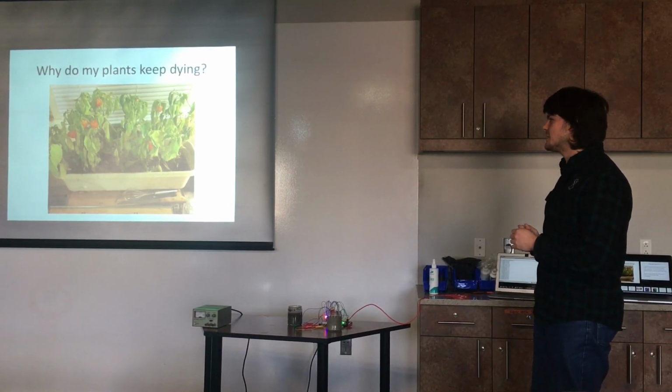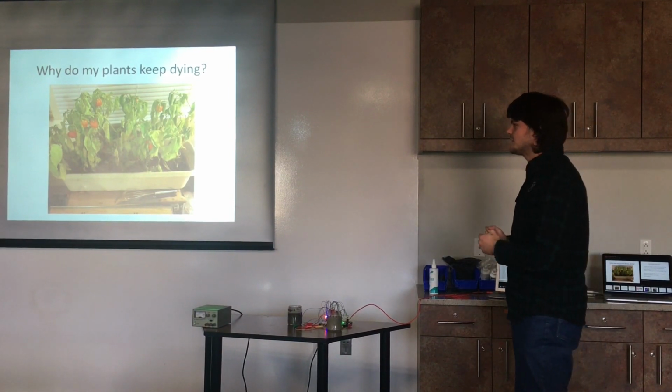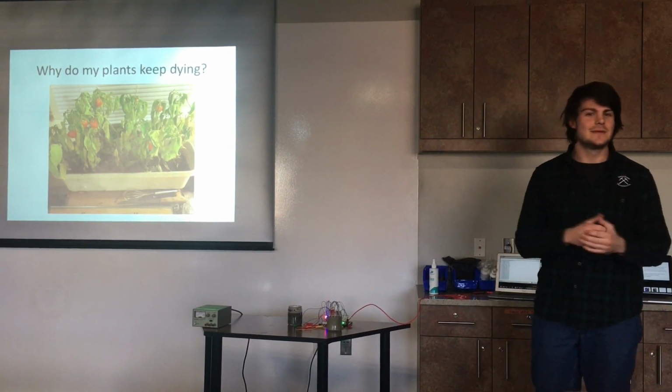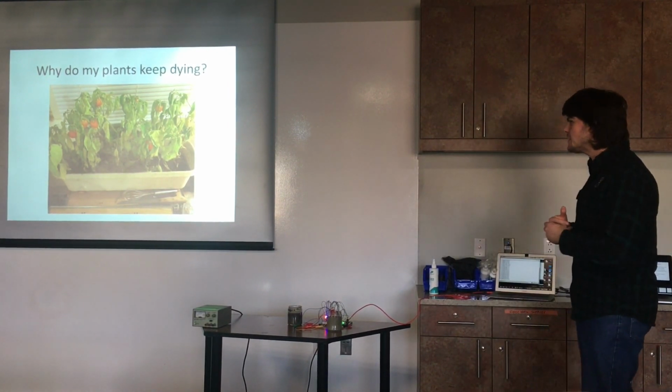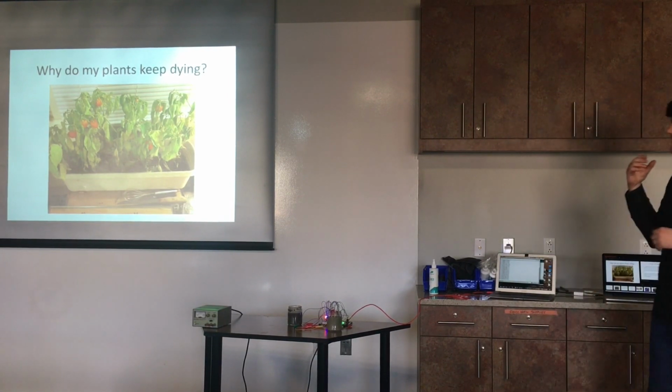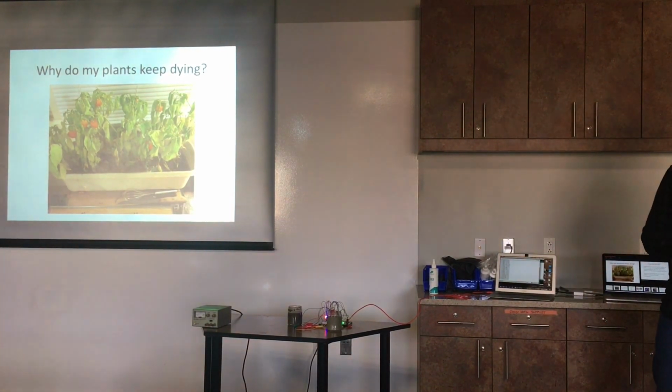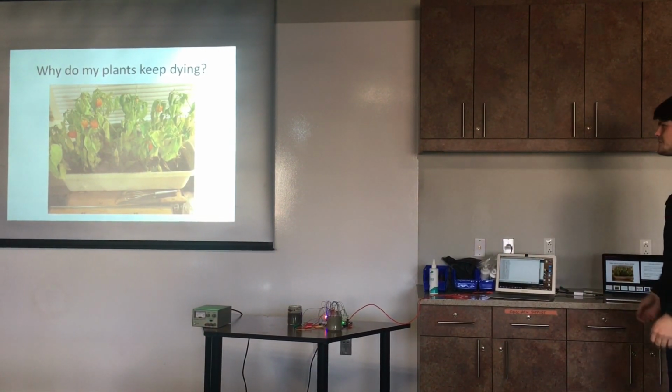One of the ways to do that is to build a device that can tell you when you've reached some threshold. The idea behind this device was to set a threshold of soil moisture so that it could remind me to water my plants, as well as tell me the temperature, the pressure, the humidity, the atmospheric conditions as well. Just because that kind of thing is interesting to me.